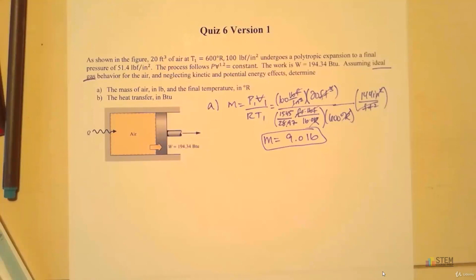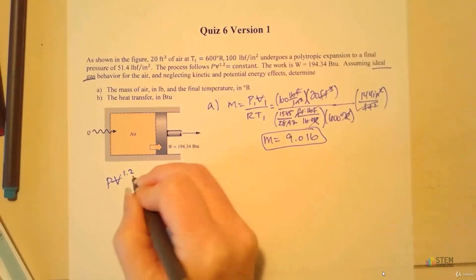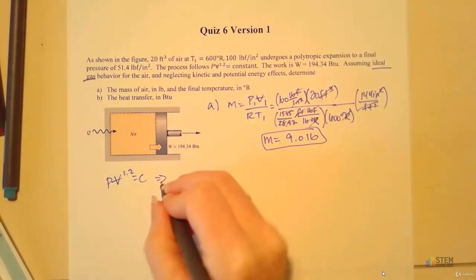Now we also want to find the final temperature. Now we have this polytropic relationship given to us. We know that PV to the 1.2 equals a constant C. We don't know what V2 is. We know the final pressure. We do not know the final volume. So we need to find that final volume.